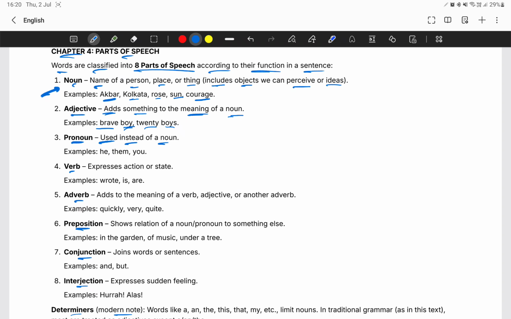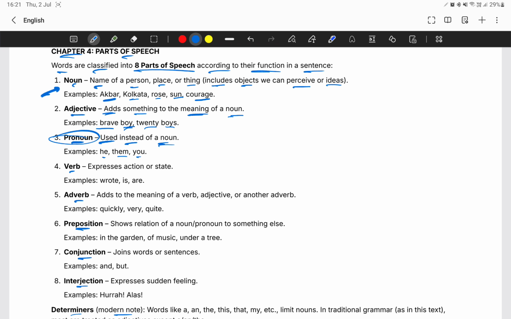So what people usually do in English writing is use pronoun instead of a noun. So we have pronouns like he, them, you. We have to understand those pronouns, but for the moment, we can understand that pronouns are just used instead of a noun.